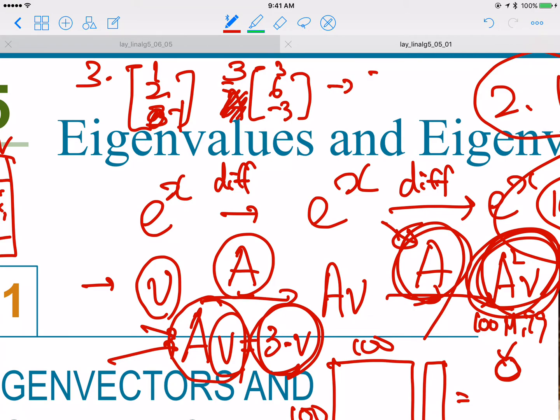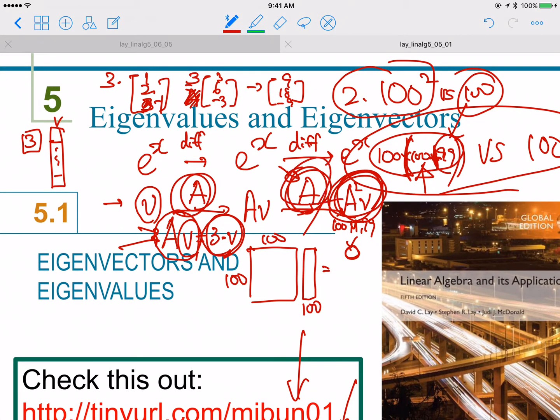So it will be 9, 18, and minus 9. Right? So that way, this multiplication with the matrix A, which is a really complicated process, is dramatically reduced to much simpler computations. So this is the beauty of eigen decomposition, or eigenvalues and eigenvectors.